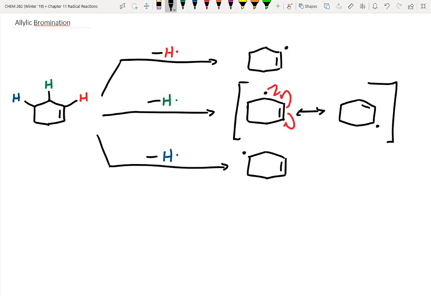All right, looking at the lower intermediate, meaning this one right here, does that have any resonance? No. So immediately looking at this, we could say the most likely hydrogen that will be abstracted will be this green one, because it results in the most stable organic radical intermediate.